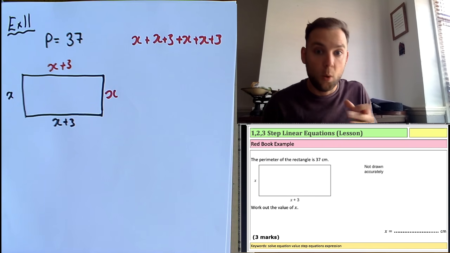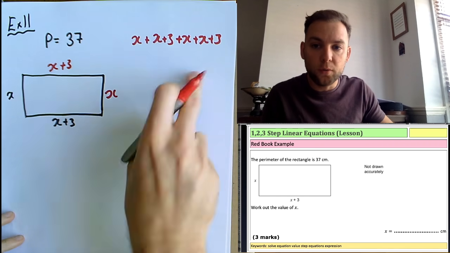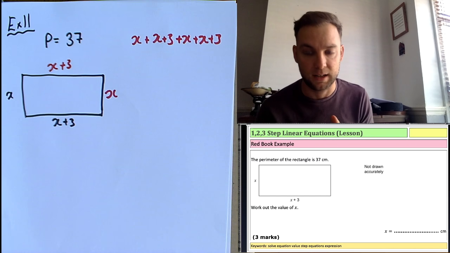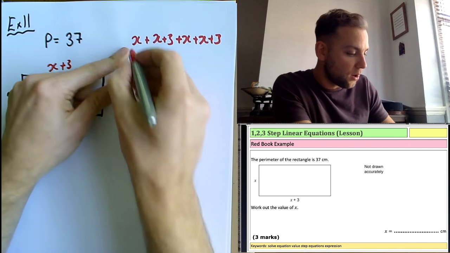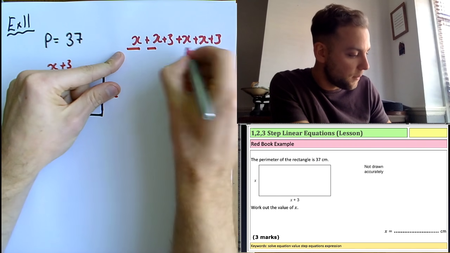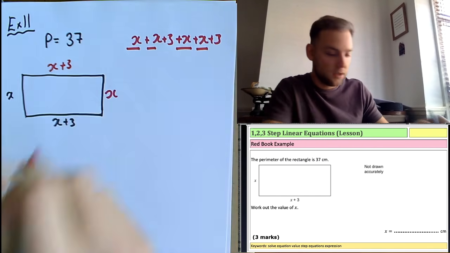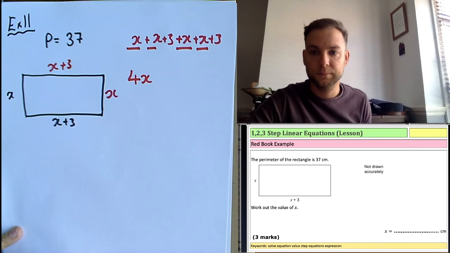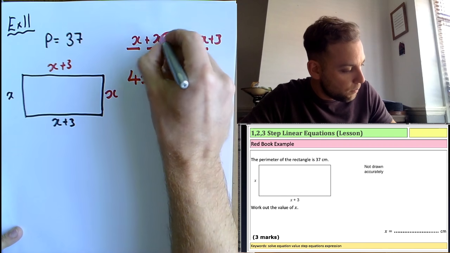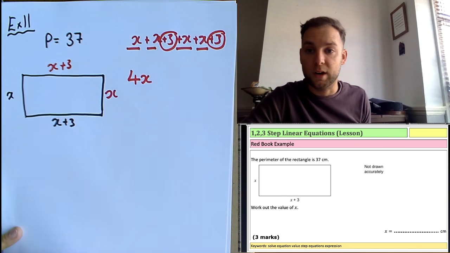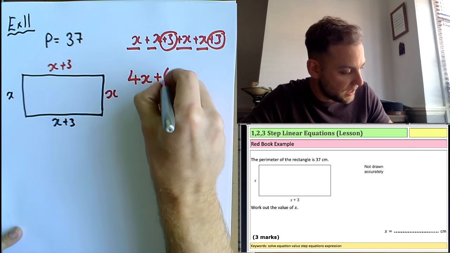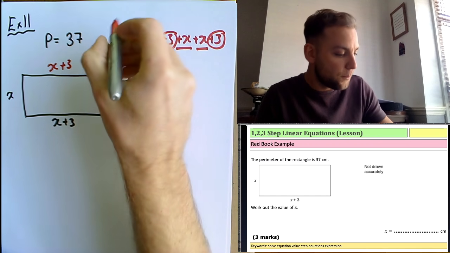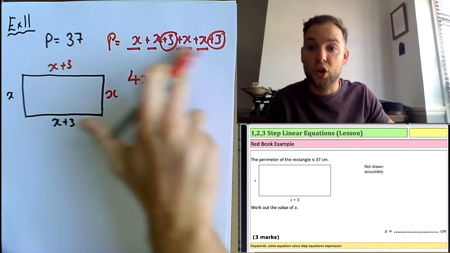Now, what I need to do next, remember I can't solve this until I've simplified it. So I've got x plus x plus x plus x, which is equal to 4x. 3 plus 3 is equal to plus 6. So this is the perimeter in terms of x.